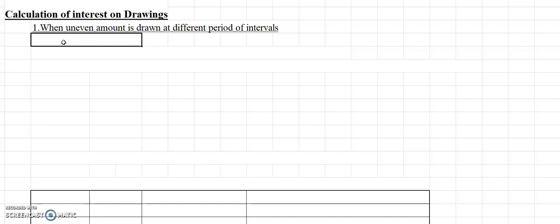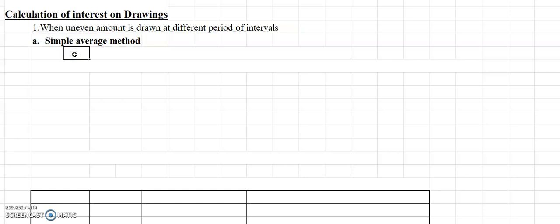When an uneven amount is withdrawn at different periods of intervals, the interest on drawings can be calculated in two different methods. One is the simple average method and another one is the product method.